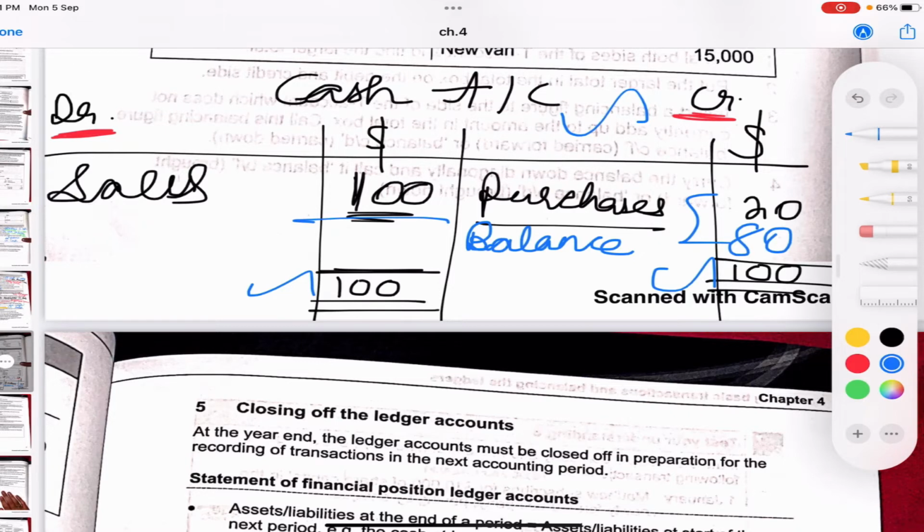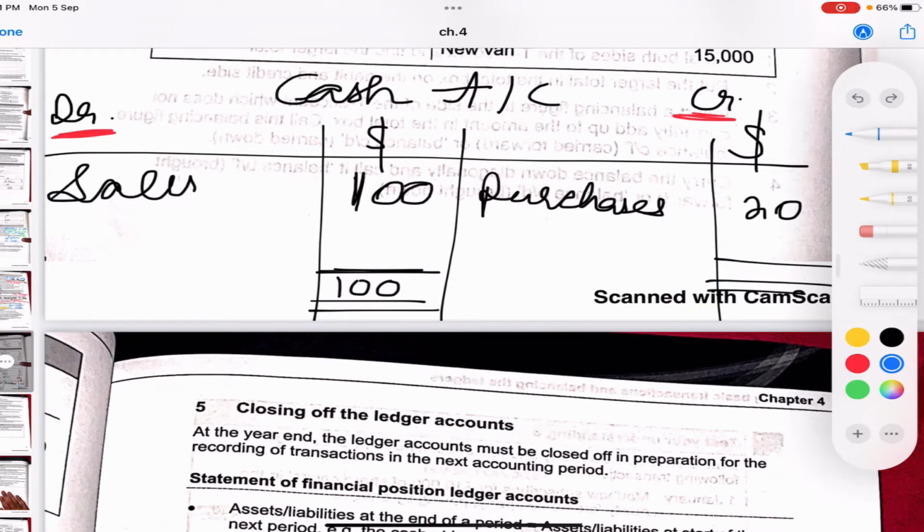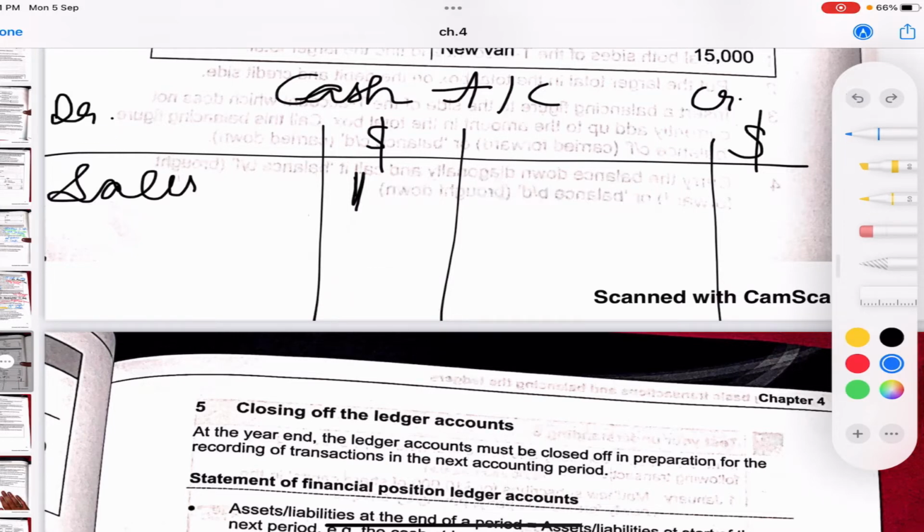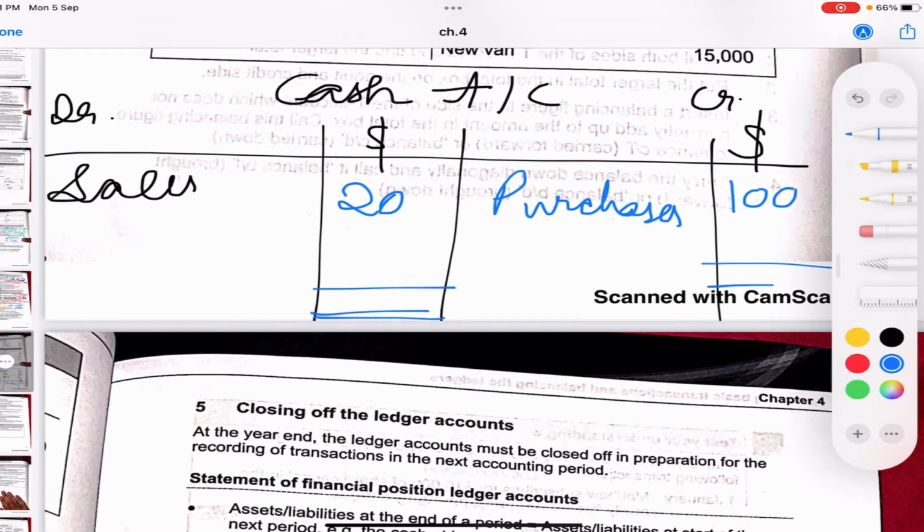Is that understandable? Now, in the same question, let us assume that this is 20 and purchases is 100. Now what will you do? This is our totaling, this is our totaling.